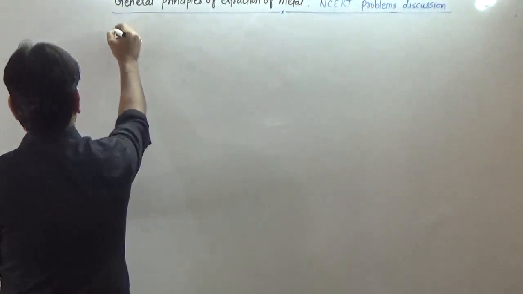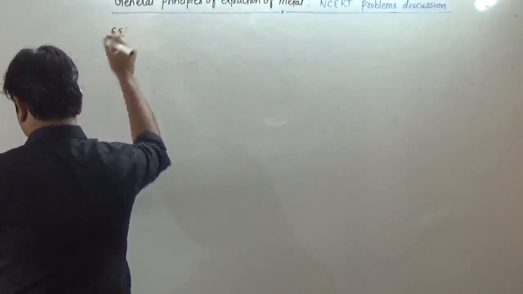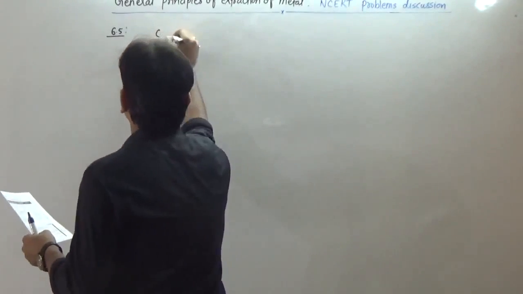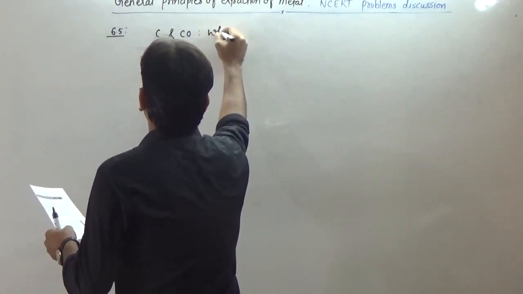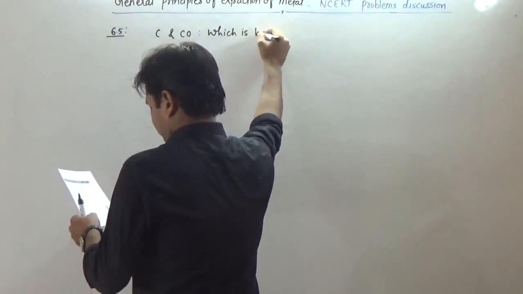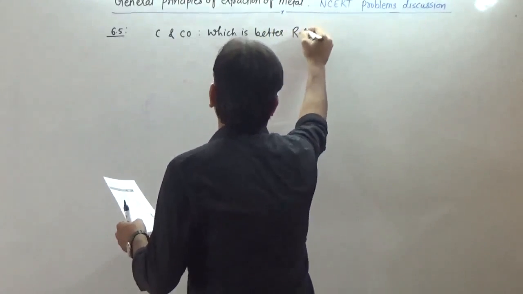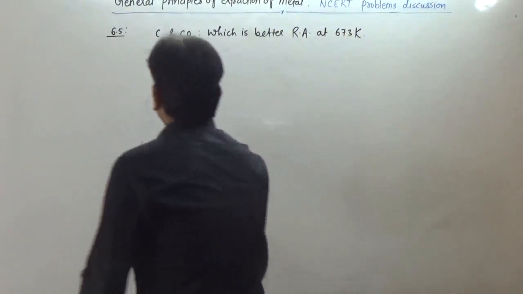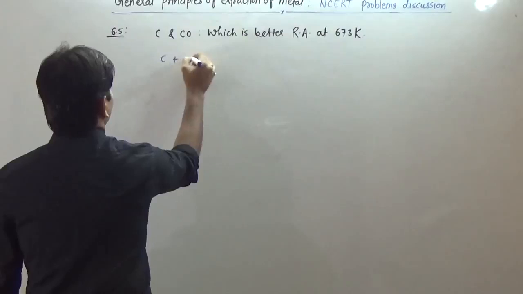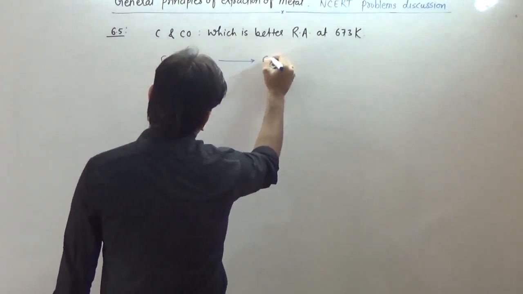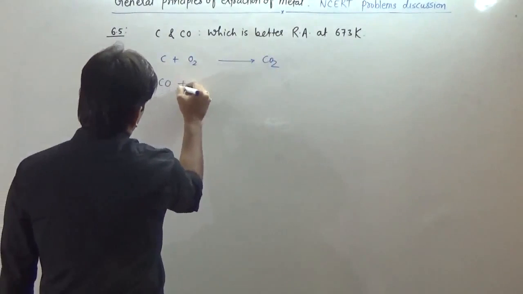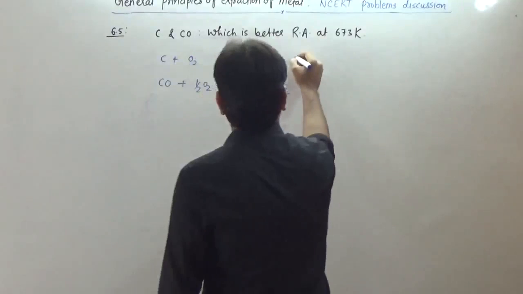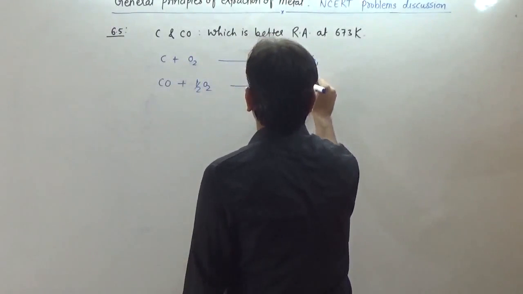The next question is 6.5, and 6.5 asks which of carbon and CO is the better reducing agent at 673 Kelvin. If you look at the process here, carbon will oxidize to CO2 and CO will oxidize to CO2. Here it is delta G1 and here it is delta G2.